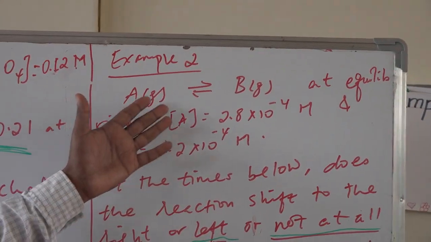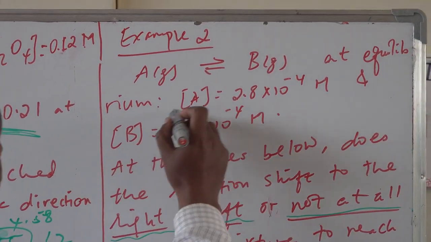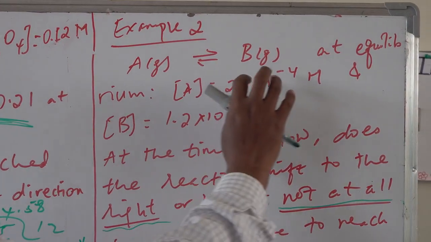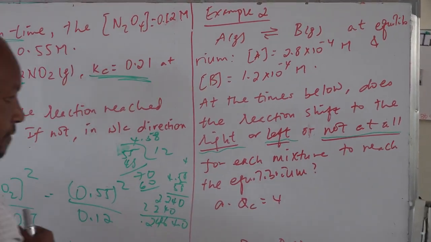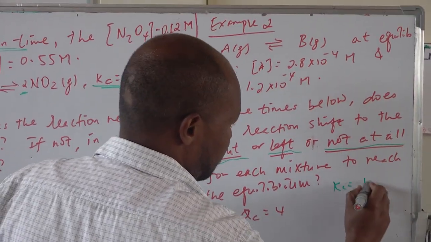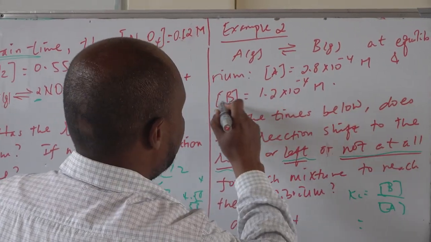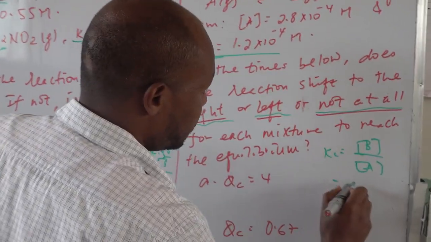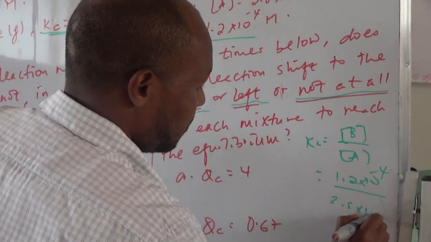If you have A as a gas, which is in equilibrium with B, and you are given equilibrium concentrations of A and B, because these are equilibrium concentrations, you can calculate Kc. Remember, Kc is simply the concentration of B over the concentration of A. We are given the concentration of B, which is 1.2 times 10 to the power of minus 4, over 2.8 times 10 to the power of minus 4.